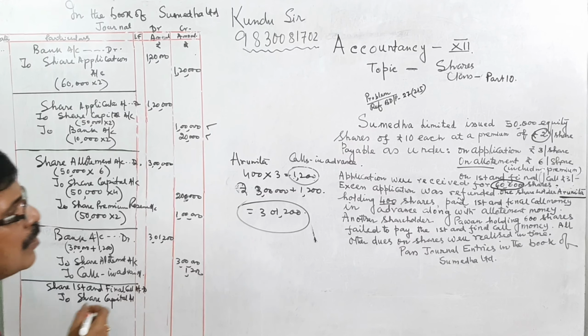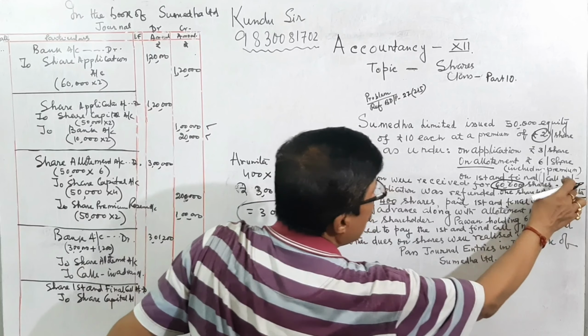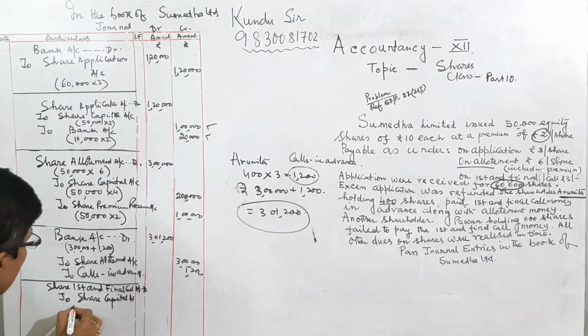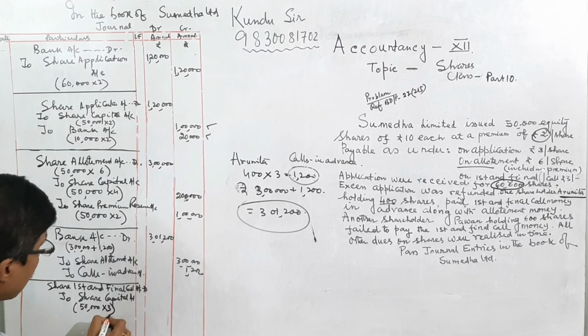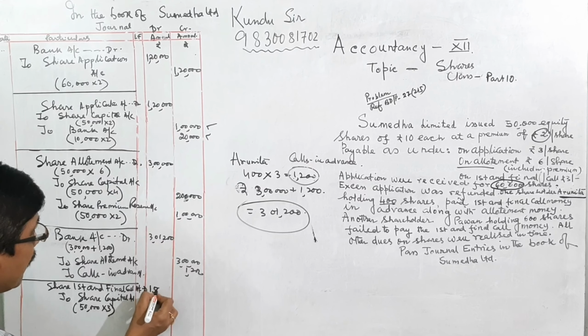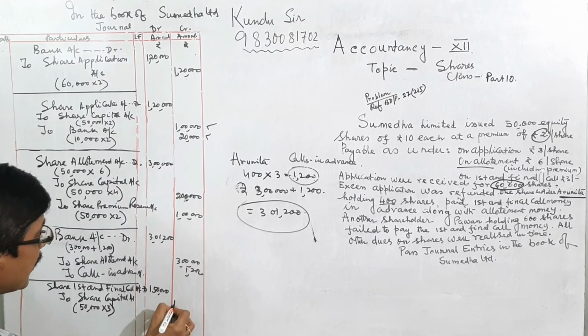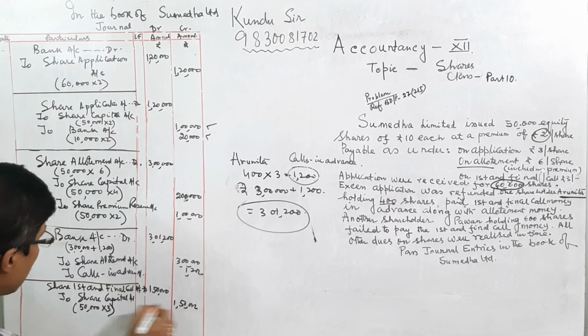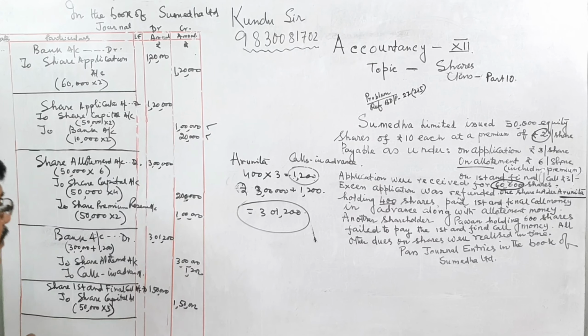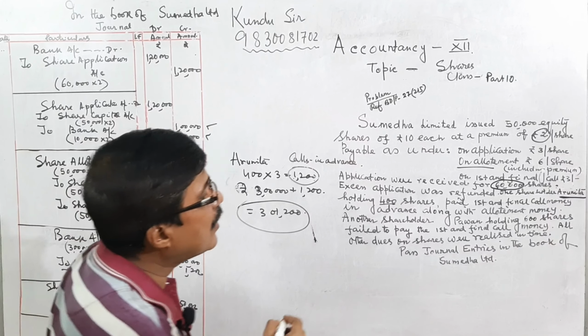How much is to be due for this? 3 rupees, that is 50,000 into 3 equal to 1 lakh 50,000. Being equity share first and final call money due on 50,000 shares at the rate of rupees 3 per share.